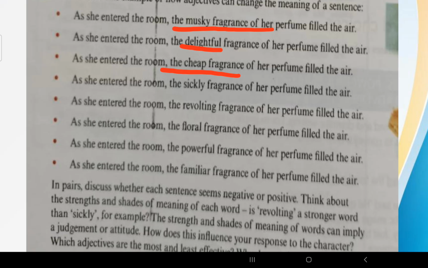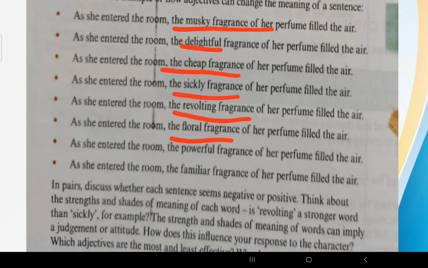Then we have, as she entered the room, the sickly fragrance, again negative vibes. As she entered the room, the revolting, again negative. All these words, when we use them, give a negative feeling about these characters. But musky, delightful, and as she entered the room, the floral, this is again positive.